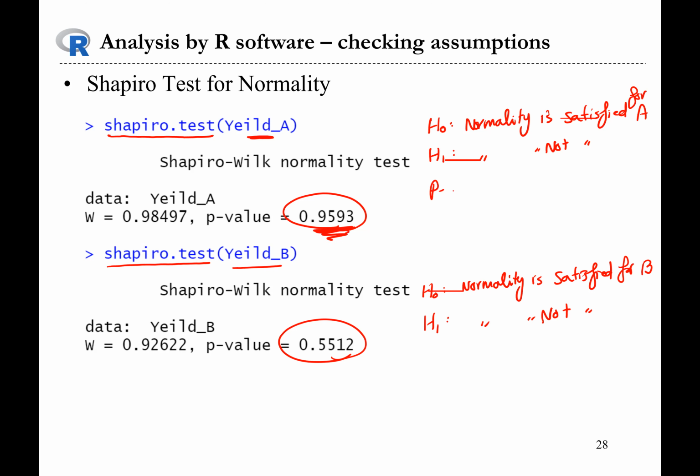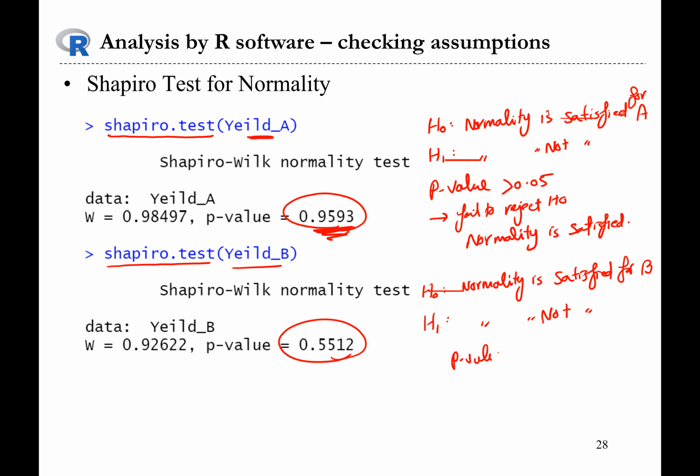My p-value is greater than 5%. So we fail to reject H0. So normality is satisfied for the first group of data, or the first fertilizer. Actually, the same thing for the other one, because the p-value is also big.